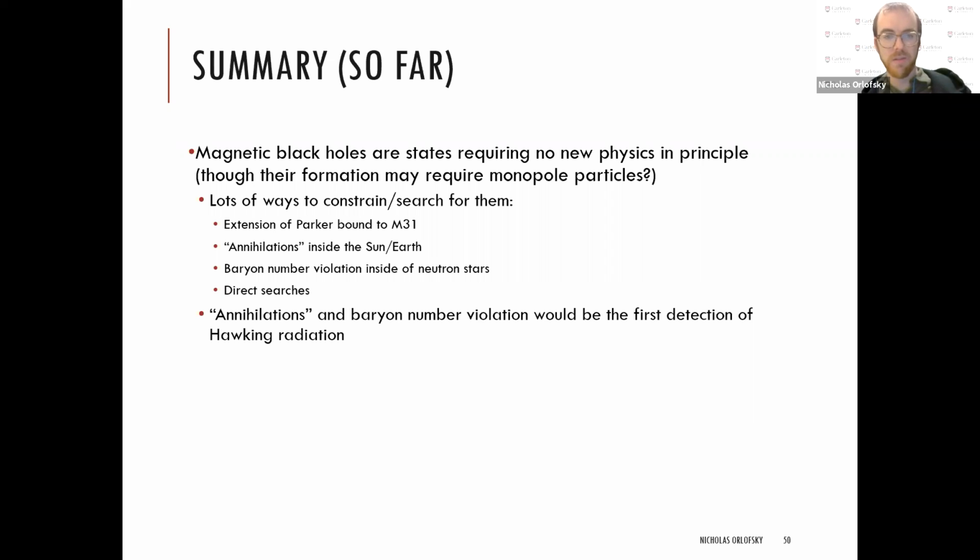And that is something that we talked about in the earlier paper that I referenced when I talked about the formation of extremal charged black holes. There you can actually get a pretty strong diffuse neutrino signal.